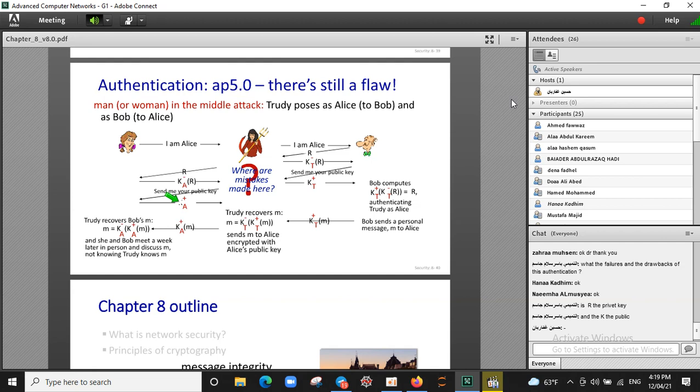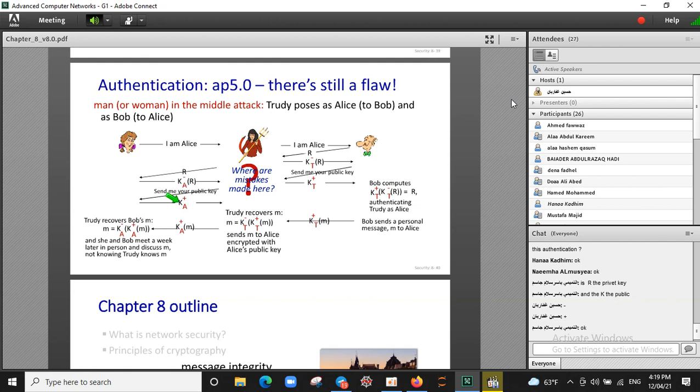And if I put a plus sign over the K, it means that this is the public key. So K with a minus sign is a private key. K with a plus sign is a public key. Okay?